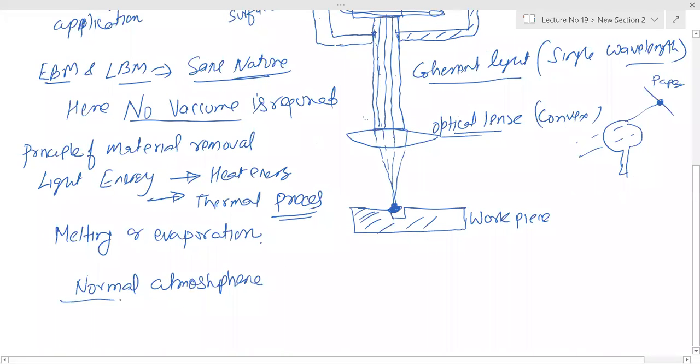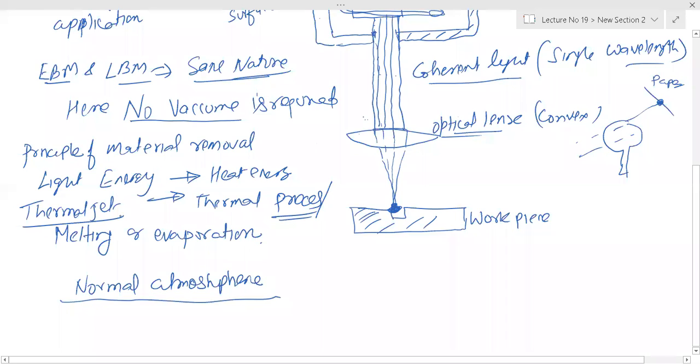No vacuum is required. Again, it is a thermal process, or we can say it is a thermal jet. Thermal jet we have already discussed.